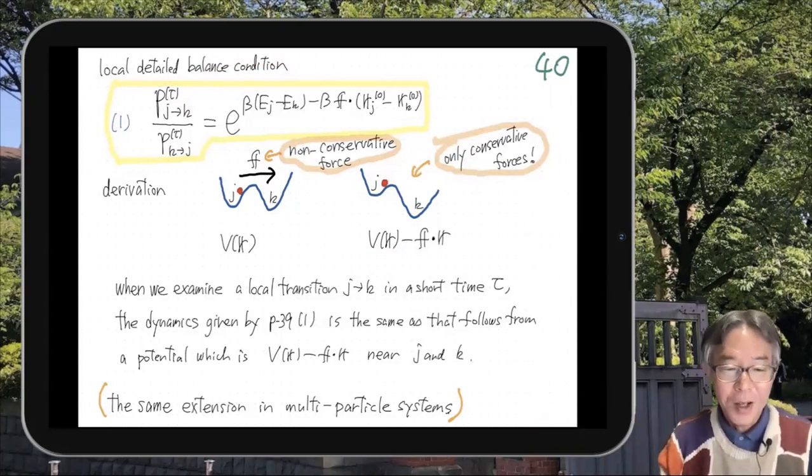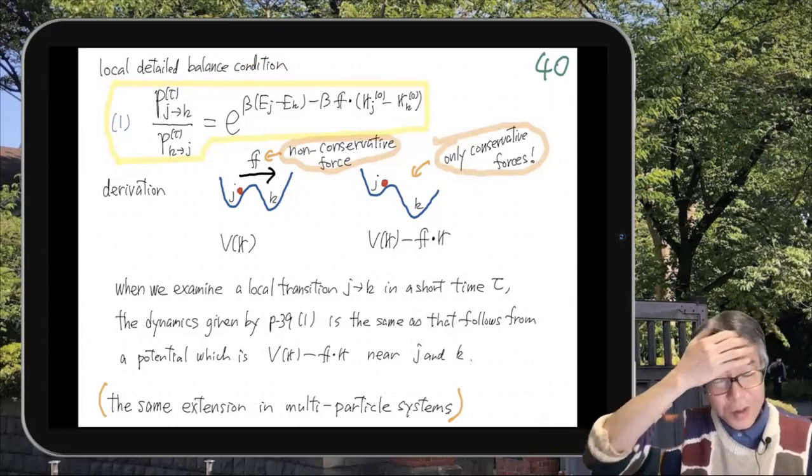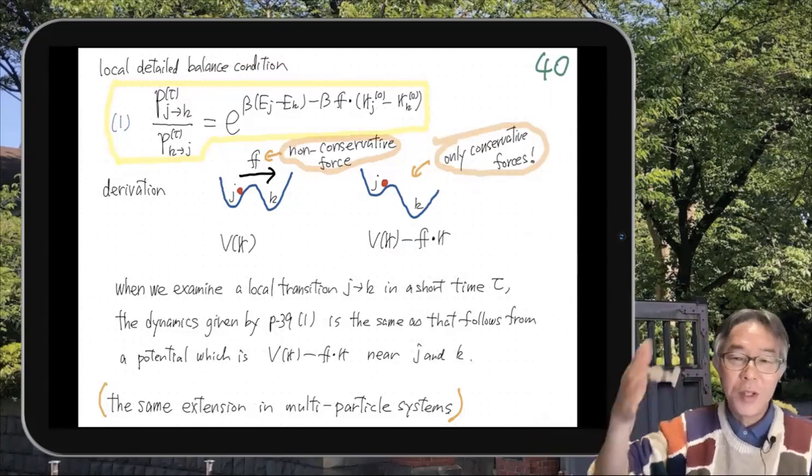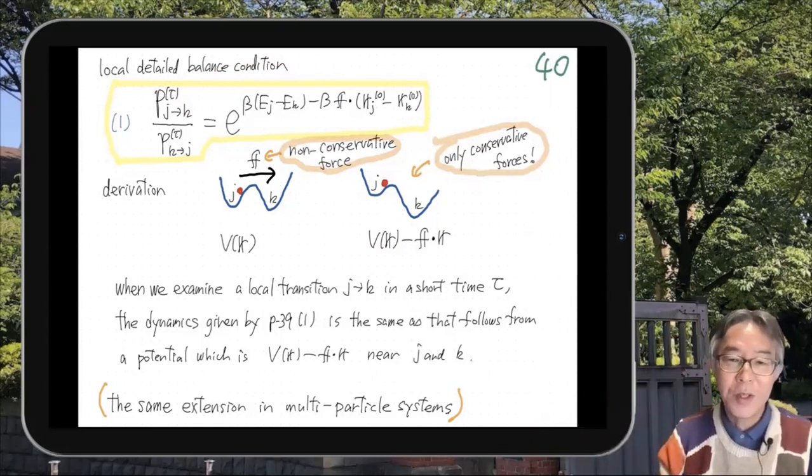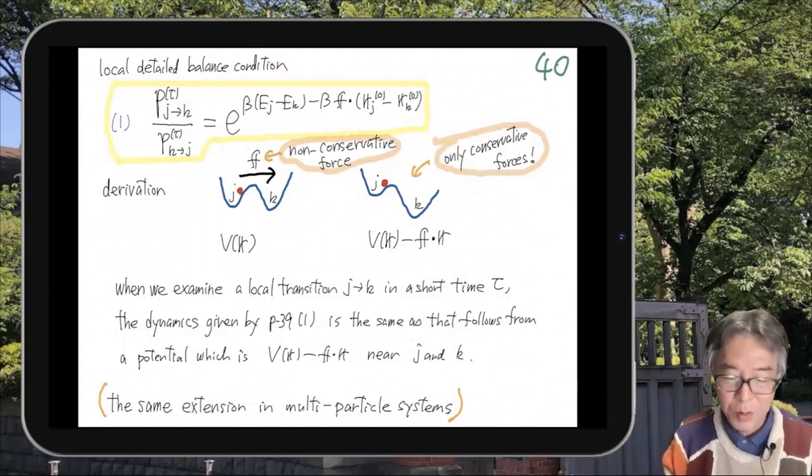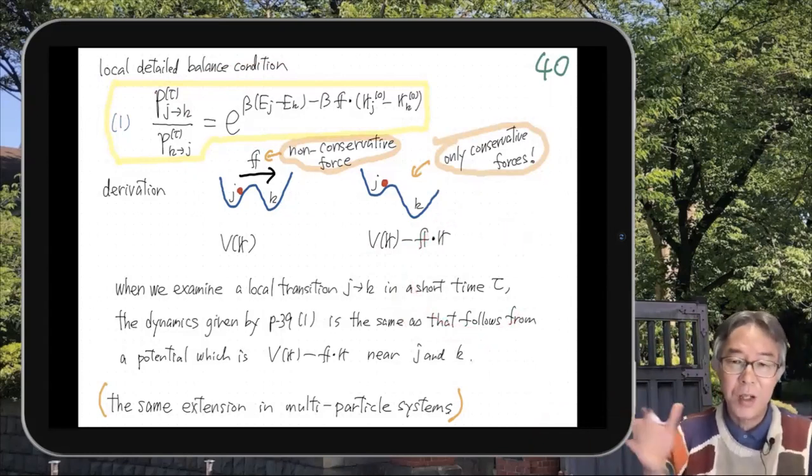Probably when you first saw periodic boundary condition as a freshman, you thought that it's a very weird, artificial boundary condition, and you might have asked, well, what is this? In one dimension, you can understand it as the system becoming a circle like this. But in two or three dimensions, how do you imagine that?